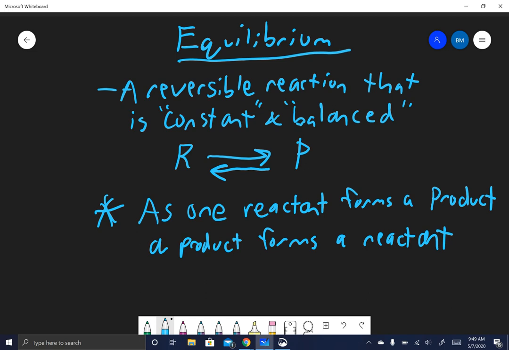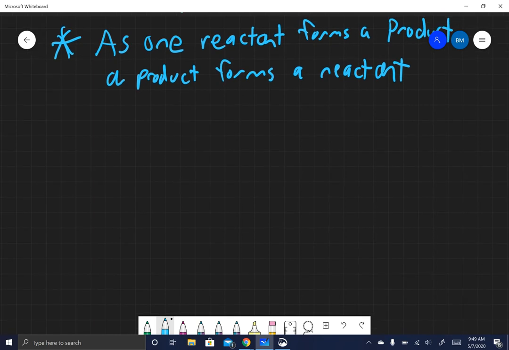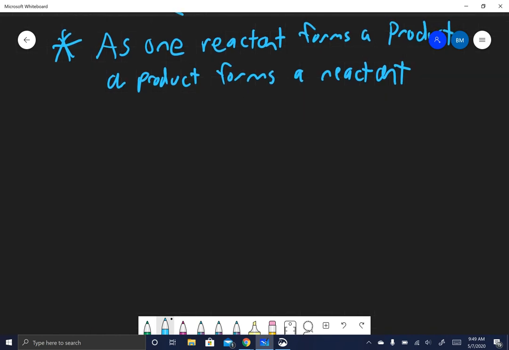We've already kind of learned this. We've already learned this when we talked about dynamic equilibrium.